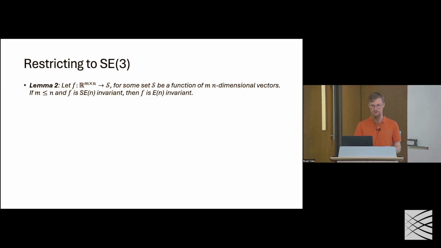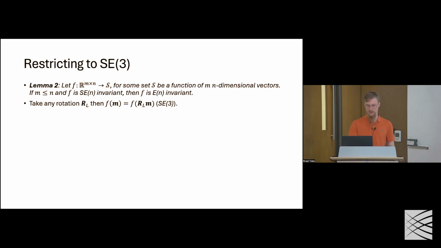Okay, so can we fix this and make it SE3 invariant? We can take a function that is SE3 invariant, and if we have a function that takes an object of m n-dimensional vectors, where m is less than or equal to n, then the function output will be E3 invariant.